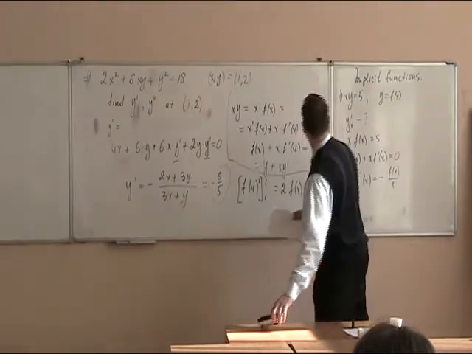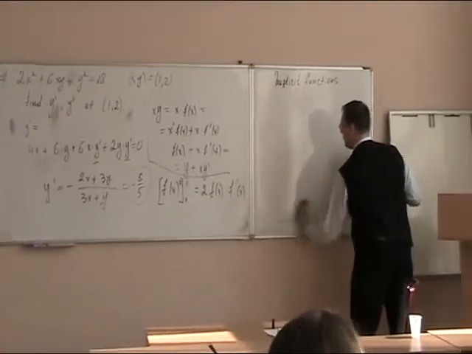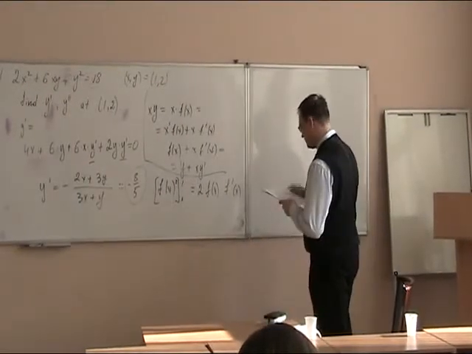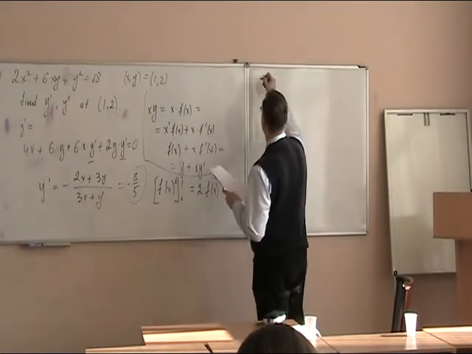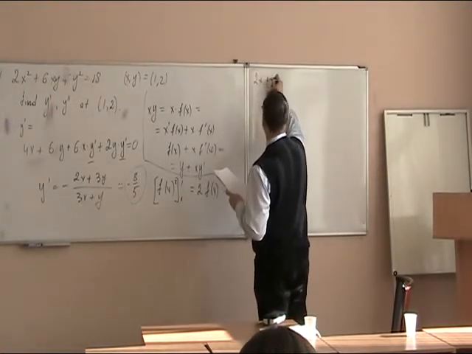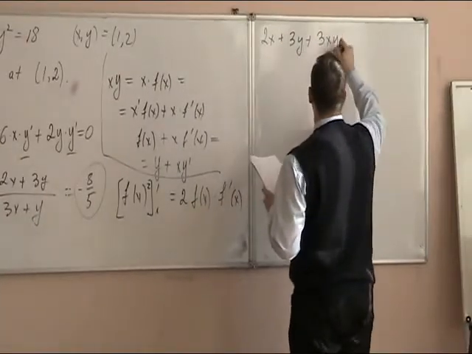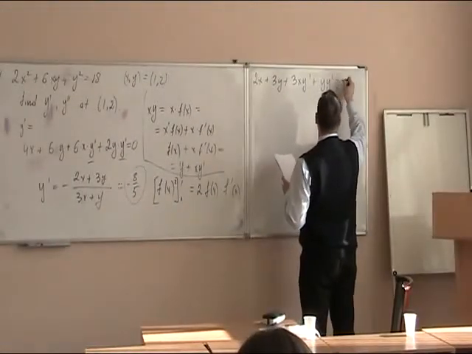So let's try to have it written. This is basically 2x plus 3y plus 3xy prime plus y prime equals 0.